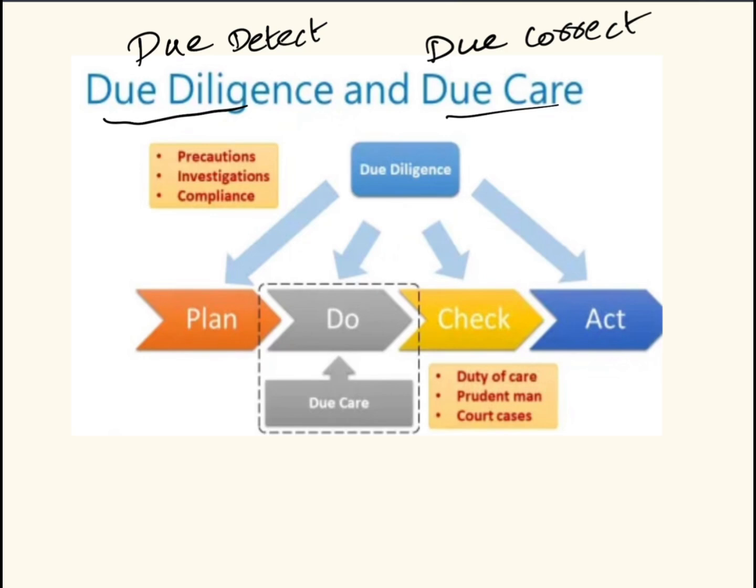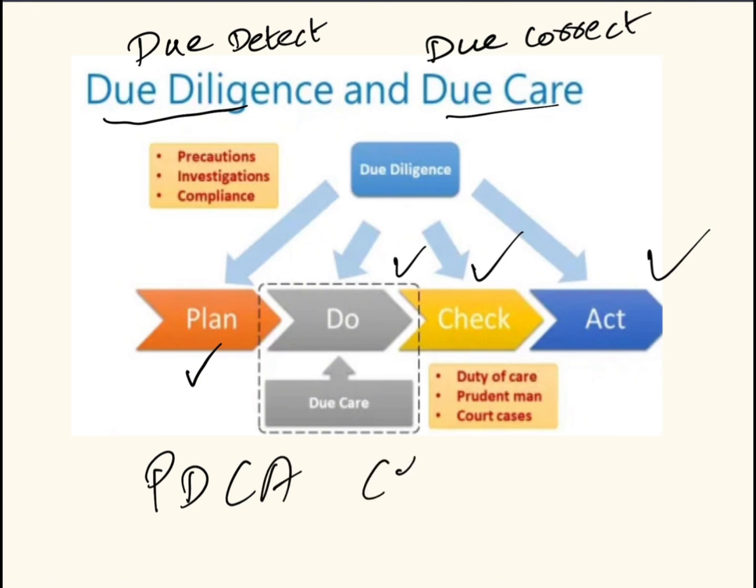Okay, so now if we see this diagram, here you can see in this image, due diligence and due care are nicely connected. For instance, here you can see plan, do, check, act. This is the PDCA cycle, right?